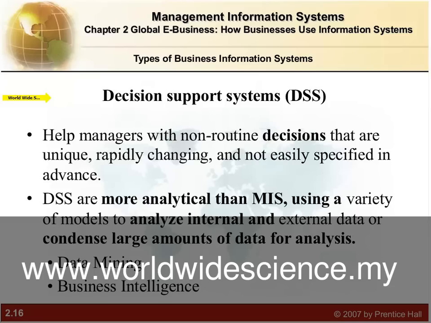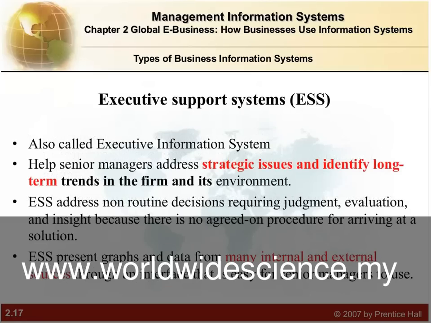If the role of senior managers in an organization is to get involved in some strategic decisions in an organization or in a firm, this ESS can help such senior managers in these things.